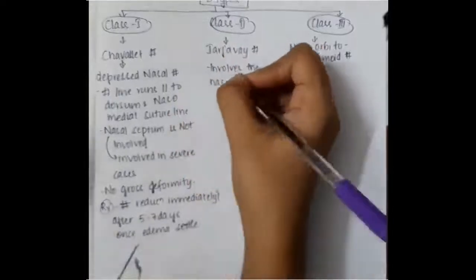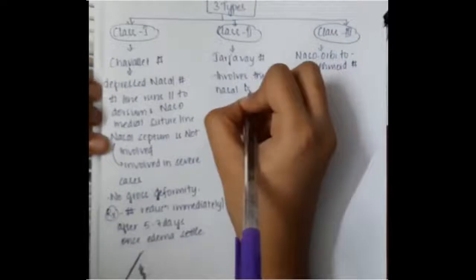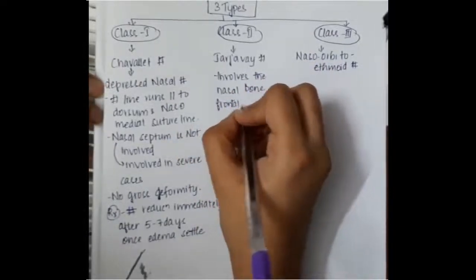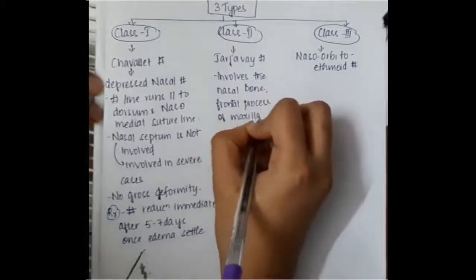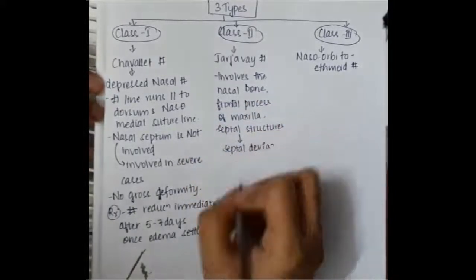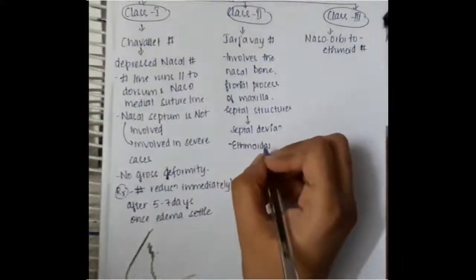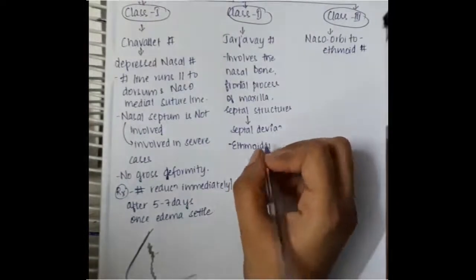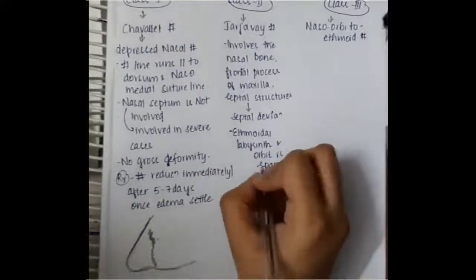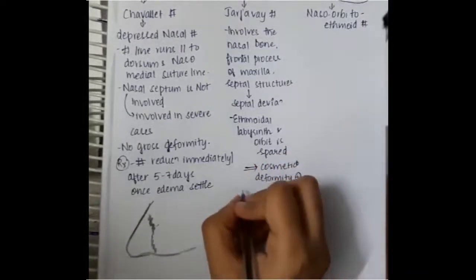Then we have Jarjave fracture. Jarjave fracture will involve the nasal bone, frontal process of maxilla, and it also involves the septal structures. As a result, this Jarjave fracture causes septal deviation. Ethmoidal labyrinth and orbit are spared in Jarjave fractures. Here cosmetic deformity will be present.